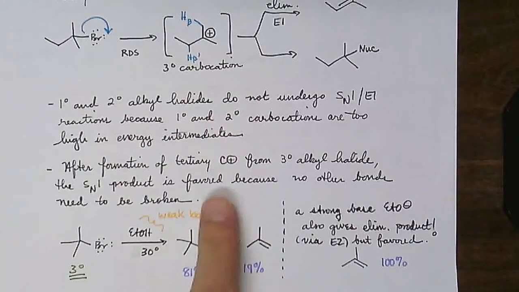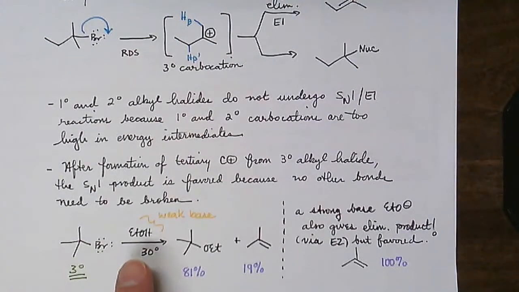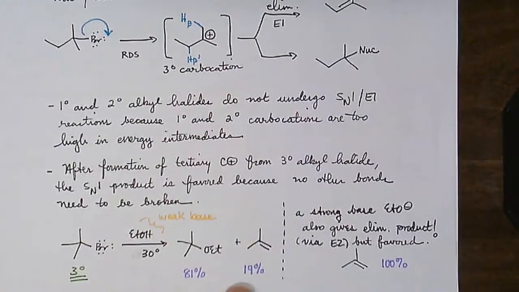So after formation of that tertiary carbocation from the tertiary alkyl halide, the SN1 product is favored because no other bonds need to be broken at lower temperatures. So if we take this tertiary butyl bromide in ethanol at 30 degrees, we will observe that 81% of it is the SN1 substitution product, whereas only around 20% is the E1 isobutylene gas elimination product.